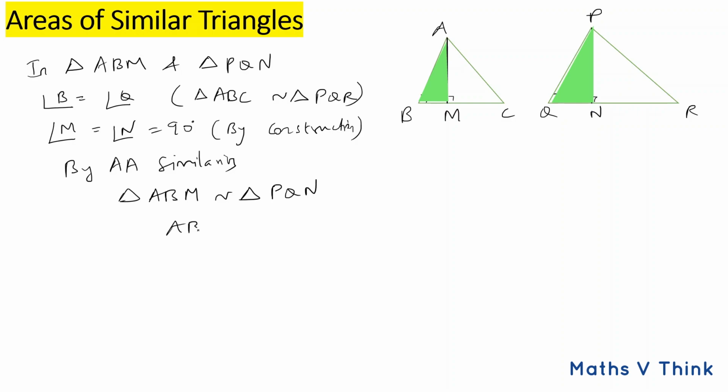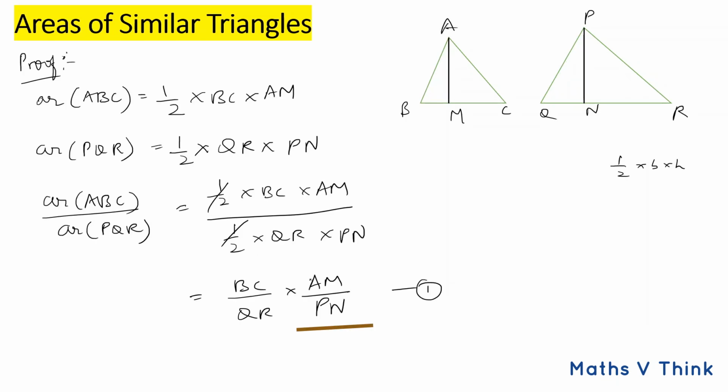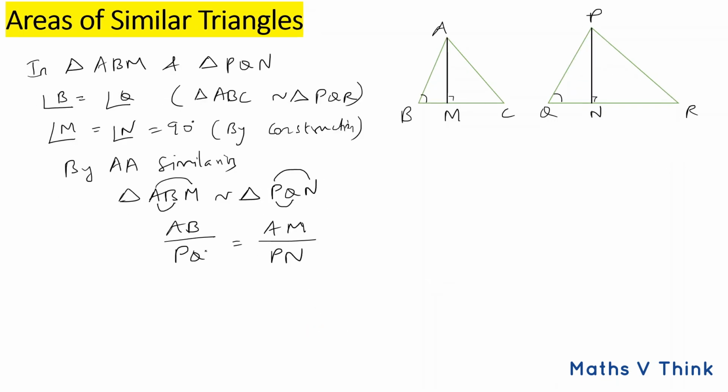So AB by PQ is equal to AM by PN. Instead of AM by PN, now I will be writing AB by PQ.